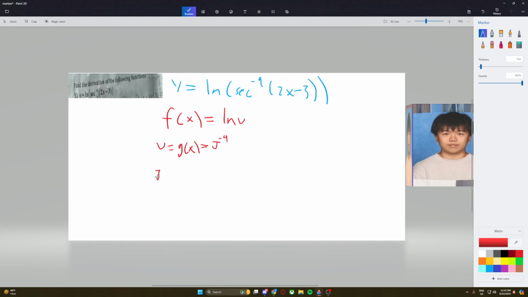And then j equals h of x, which equals secant of n, and n equals m of x, which equals 2x minus 3. So there's a quadruple chain rule.